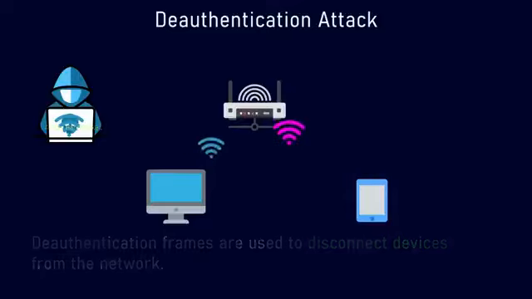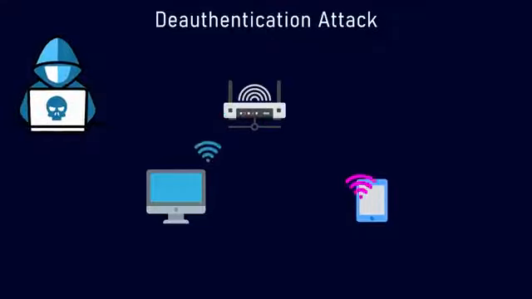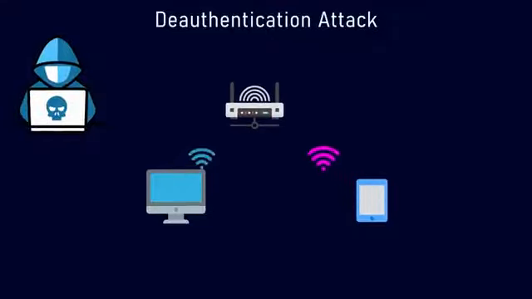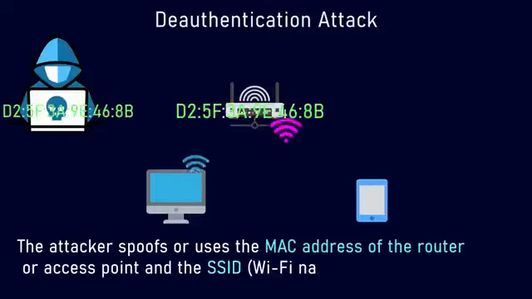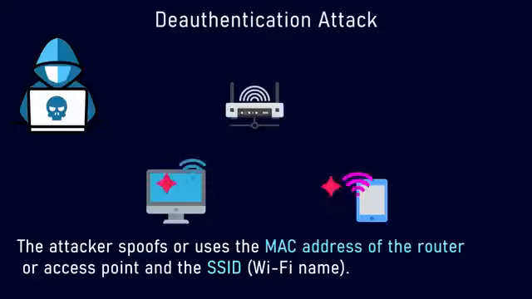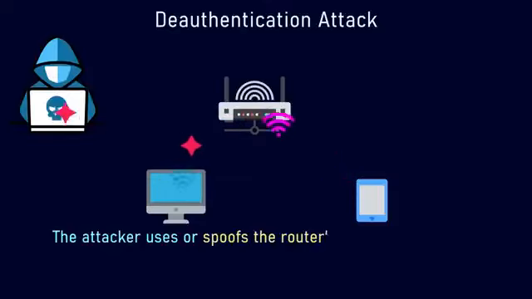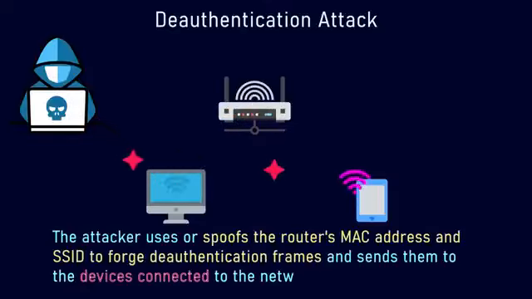How a deauthentication attack basically works: the attackers pretend to be the router or access point by spoofing the router's MAC address and SSID or its name. They then send deauthentication frames to the devices connected to the network on behalf of the router. The attacker uses router's MAC address and sends deauthentication frames to the connected devices.